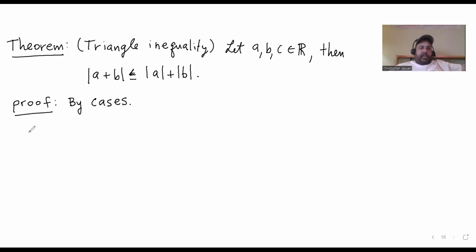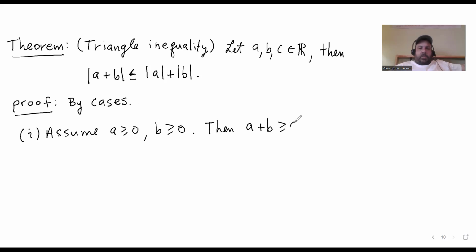So there's two easy cases. The first case is assume that a is greater than or equal to 0, b is greater than or equal to 0. Then a plus b is greater than or equal to 0, which implies that if you look at the absolute value of a plus b, just using the piecewise definition of absolute value, that's the same thing as a plus b, right?